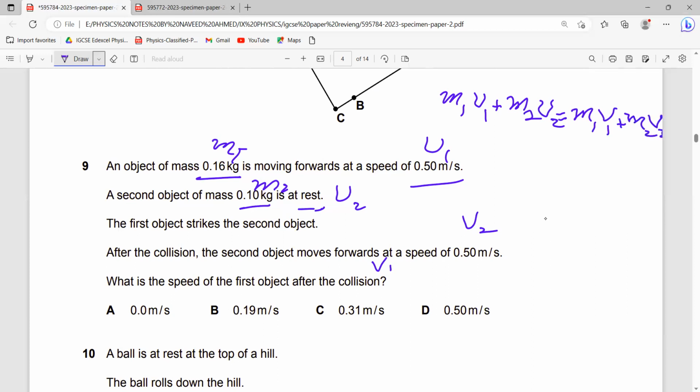Now I substitute the values, and when you put the values in and solve it, you will see m1 is 0.16 times its velocity of 0.5, plus m2 is 0.1 and its speed is 0 because it is at rest.